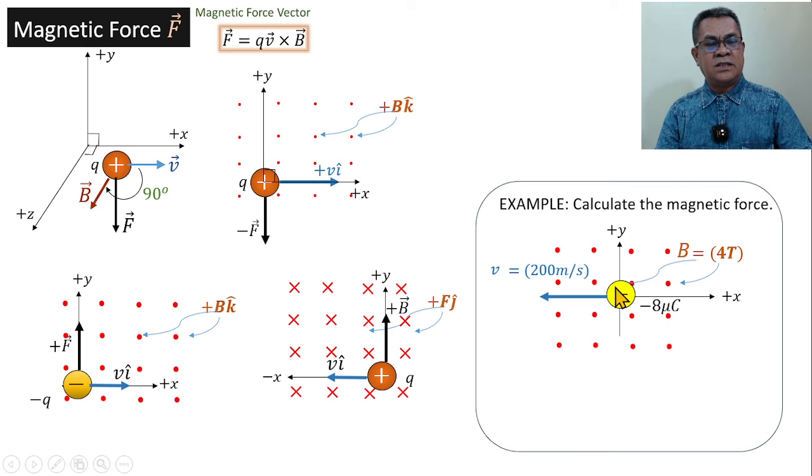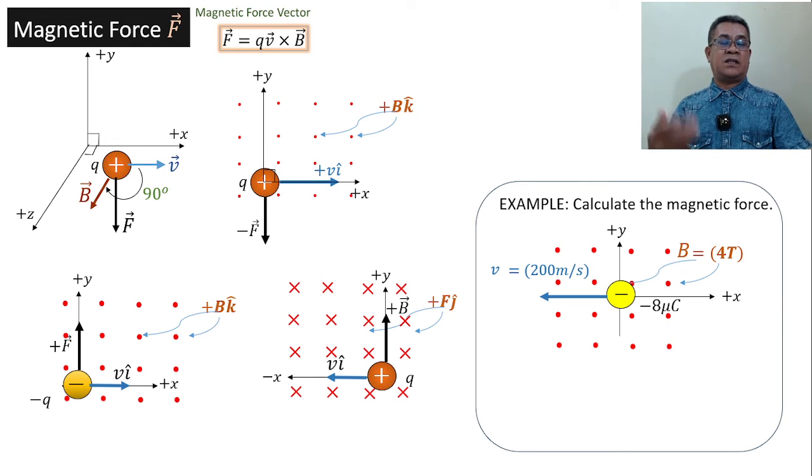Then, this charge is negative, and this charge travels in the negative x-axis. It can travel positive, but this problem says this charged particle travels negative. The magnitude is 200 meters per second, and the charge is negative 8 microcoulomb.